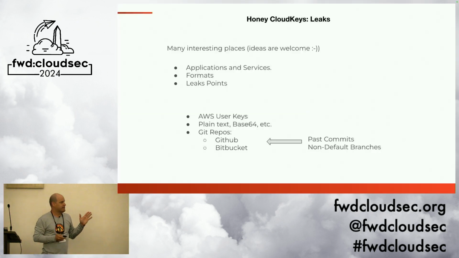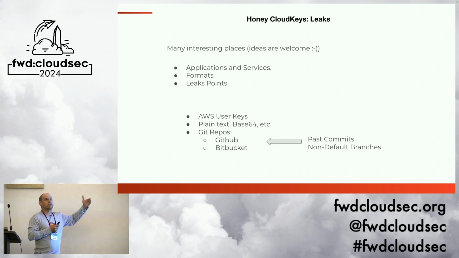This module of the honeypot is a little bit different from that one, but it's very nice as well. The idea is to leak information about the cloud, whatever you can think of. Any idea is welcome. You can leak services, you can leak an AWS key, you can leak other kinds of credentials, roles, whatever you want to leak.